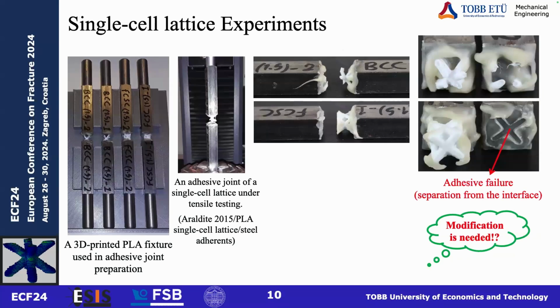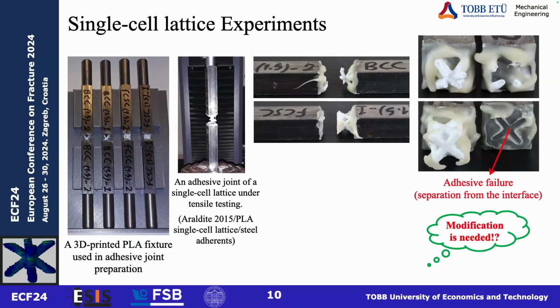After micro-CT imaging, we create adhesive bonding to do tensile testing. For that, we use this simple fixture, and then we tensile test the specimen. Also, we use Araldite 2015 because it's a very strong adhesive.